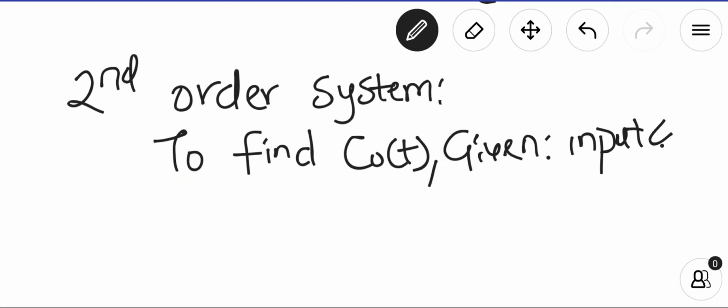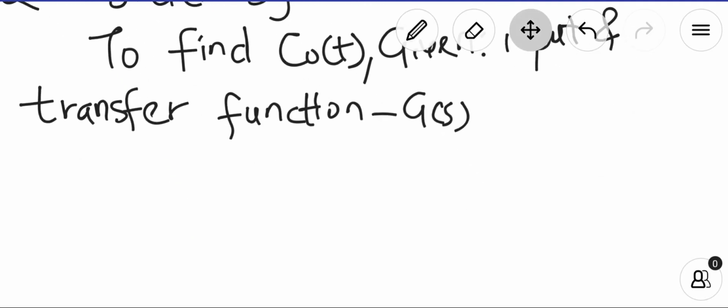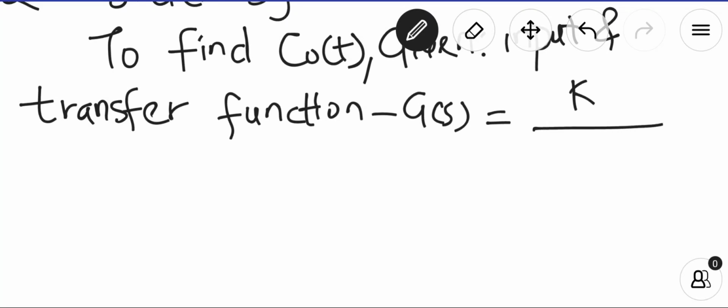For second order systems, to find c0(t), which is the time response expression, when you are given an input and a transfer function G(s) equal to k, which is also a constant k, divided by Ts squared plus bs plus k.